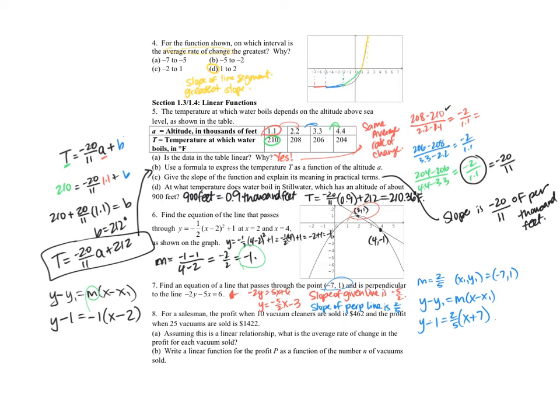Number 8, for a salesman, the profit when 10 vacuum cleaners are sold is $462, and the profit when 25 vacuums are sold is that. We're going to assume it's linear. What is the average rate of change in the profit for each vacuum sold? So to find that average rate of change, I'm going to do change in profit over change in vacuums sold.